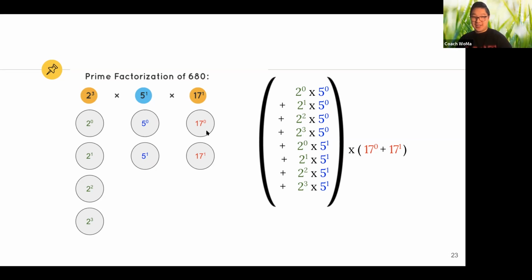So from here, anyone have a suggestion of where to go? So we've simplified it a bit. Is there any other way to simplify? Someone have a suggestion? Maybe not Isabel.